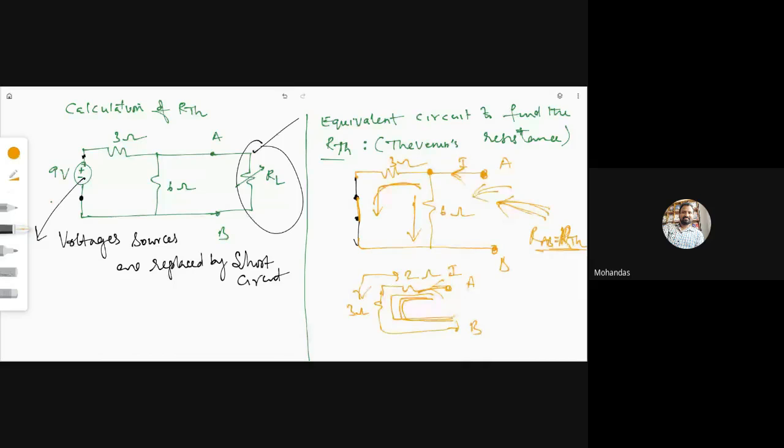But if you see from these terminals AB, current is going to be divided. This is one path and this is another path. Or you can draw the circuit in different fashion: 3 ohm and 6 ohm, and this is AB.